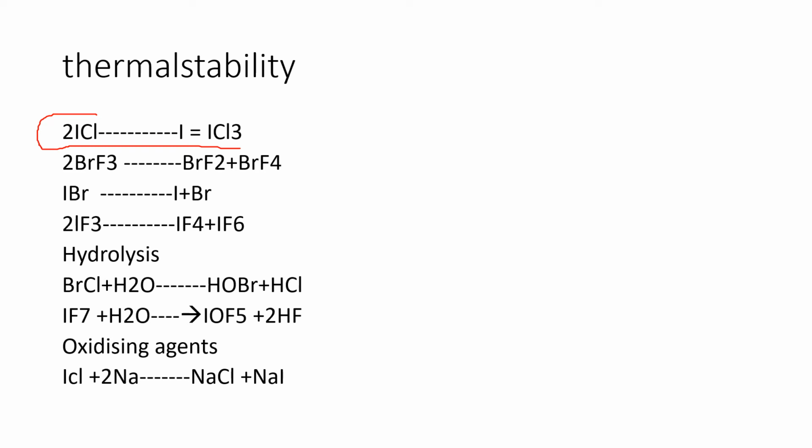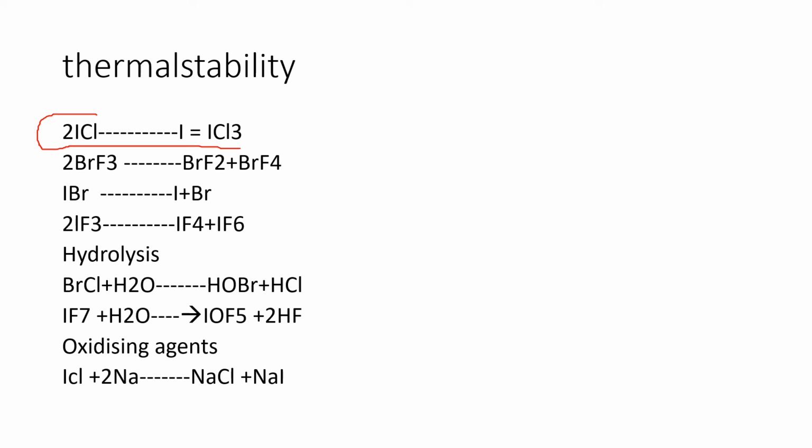Now come to hydrolysis. When interhalogens are subjected to hydrolysis, they give halogen acids and halogen oxyacids. For example, BrCl, bromine monochloride, when dissolved in water, gives hydrogen chloride plus hydrogen oxybromide.